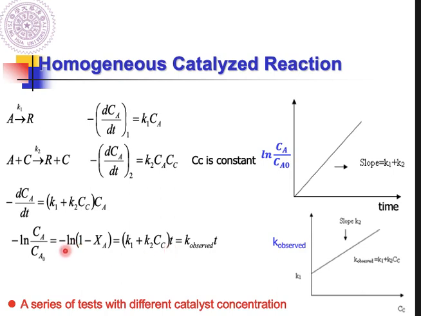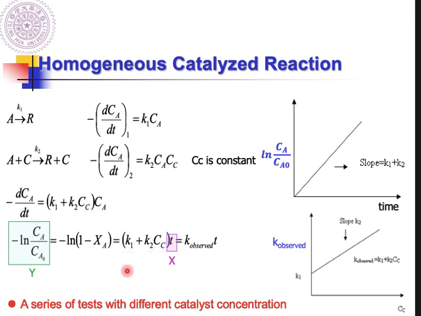And as you know, some people want to convert this expression in terms of fractional conversion. So CA divided by CA0 equals 1 minus the fractional conversion XA. Okay, so now based on this, if I use this as the y-axis and t as the horizontal axis, then the slope will be K1 plus K2 times the concentration of catalyst.